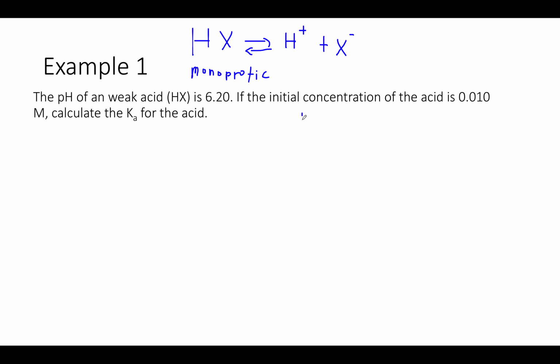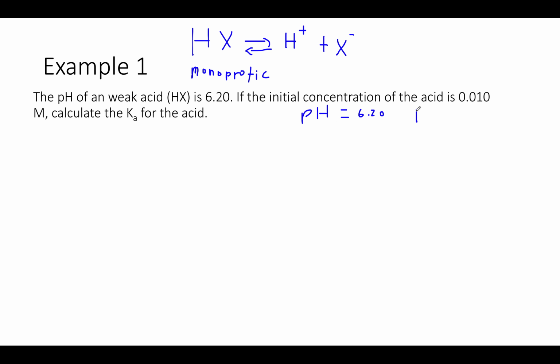So if I have a pH of 6.2, what I'm really interested in is the hydrogen ion concentration, because at equilibrium, that's the number that I'm going to gain on the right-hand side. I'm going to gain those hydrogen ions, and I'm going to lose that hydrogen ion on the reactant side. So what I'm really curious about is what that number is.